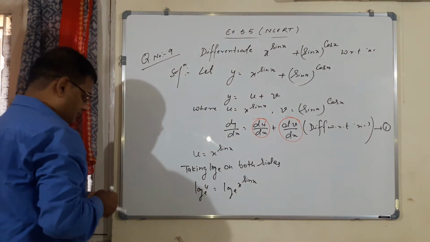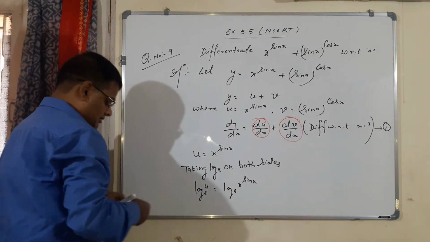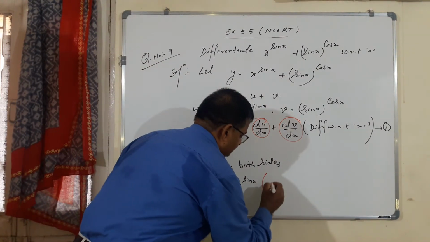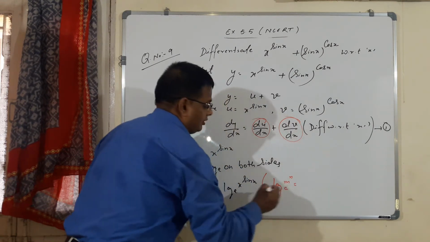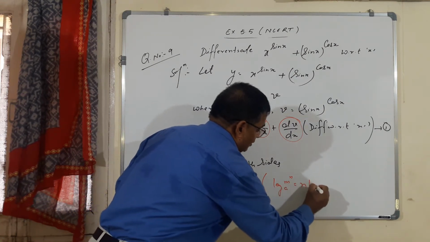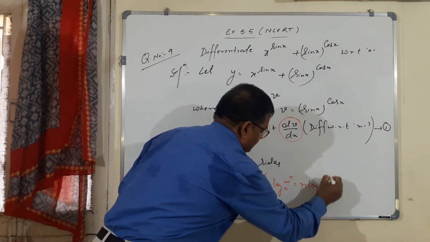Here we are going to use the formula: log m raised to the power n is equal to n log m to the base e.